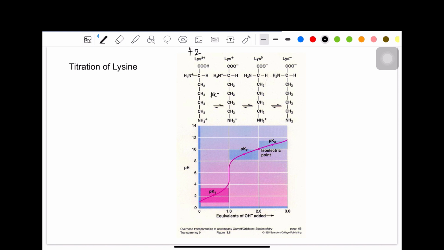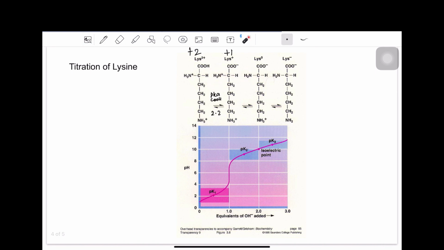Now, we know that the pKa value of the carboxylic acid group is 2.2. So beyond pH 2.2, the carboxylic acid group first loses its proton. So now, what is the net charge on this molecule? So this is +1, this is +1, -1. So +1, +1, -1, so the net charge on this molecule will be +1. The next group to lose its proton will be the alpha amino group.